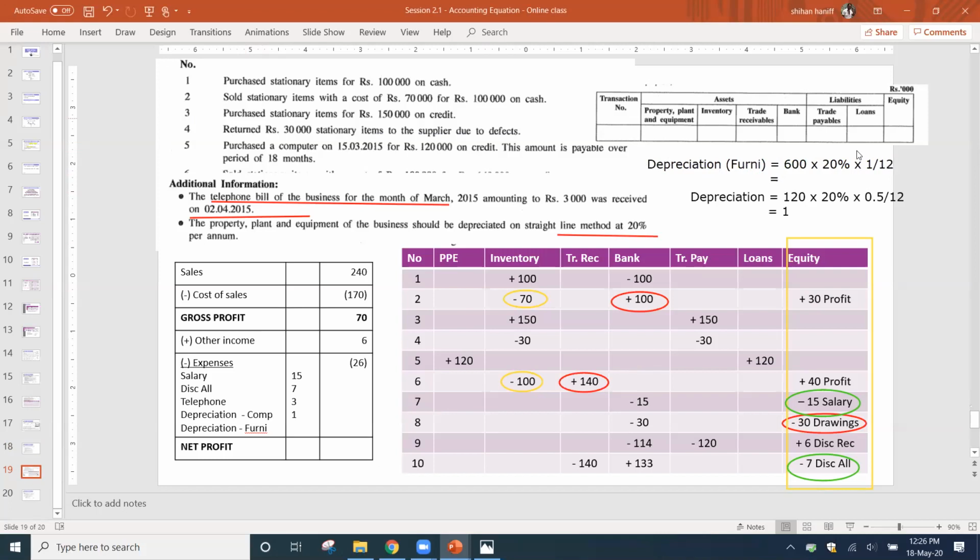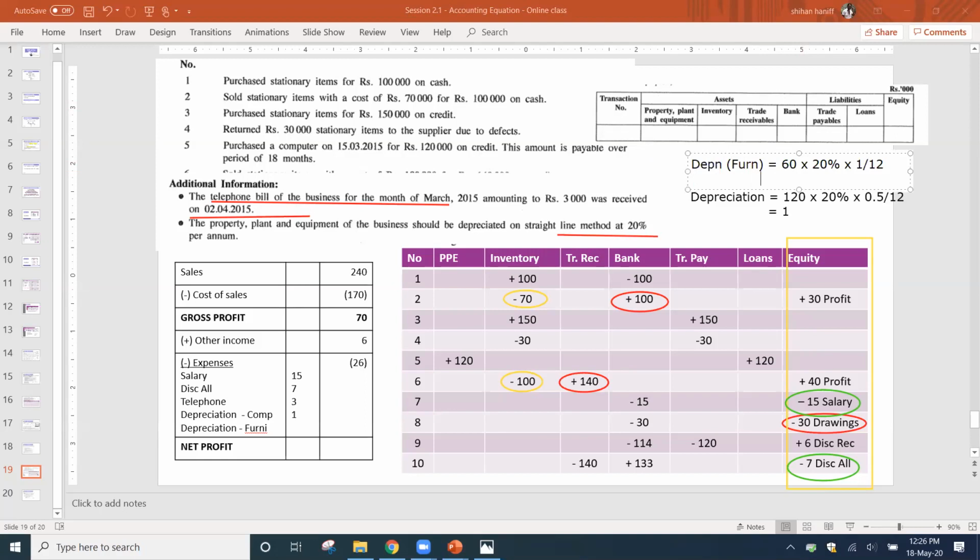Furniture depreciation is 60,000 into 20% into 1.